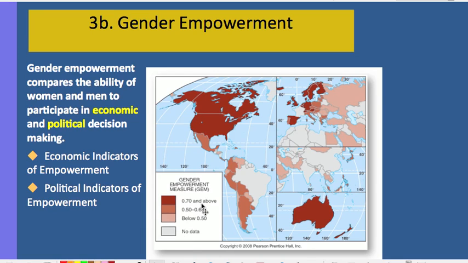So 0.7 and above, so still not equal, and then below 0.5 for empowerment. You can see this is kind of a split map. You have South Asia, Middle East, into China, and North Africa, and into the Middle East. You see more empowerment in your MDCs.